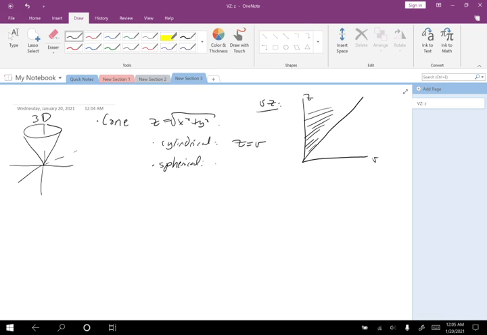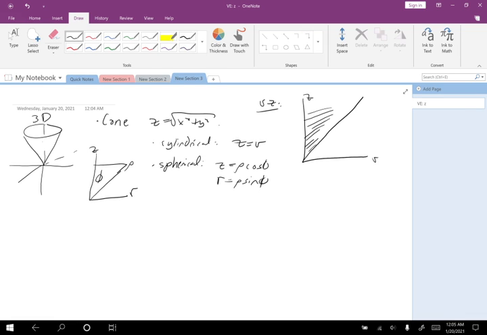Remember, let me just draw the diagram again. z, r, phi, remember, is measured from the z-axis. So z is rho cosine phi, and r is rho sine phi.